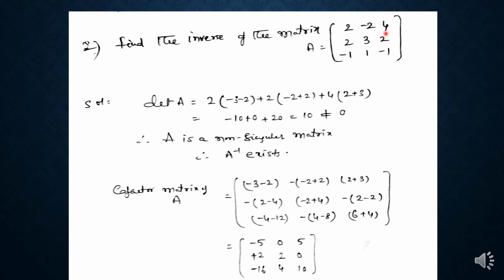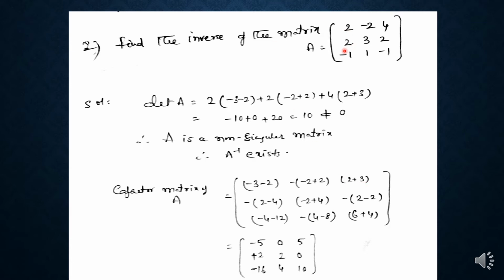By deleting this column and this row, 2, 3, minus 1, 1 will remain. So what is the determinant of this determinant? 2 into 1, 2, minus of minus 3, that is 2 plus 3. So this is the cofactor of that element 4.